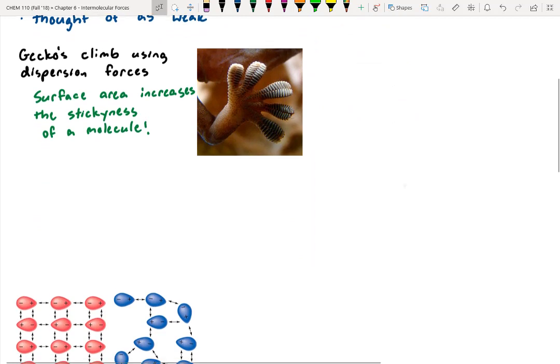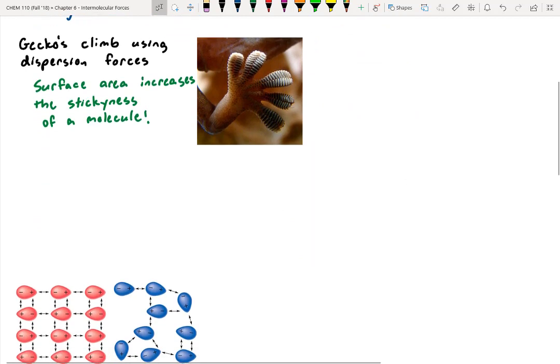All right. So that's an important one, generally thought of as weak, but like I said, it depends on the surface area a lot. The next one we're going to look at is called dipole-dipole forces.